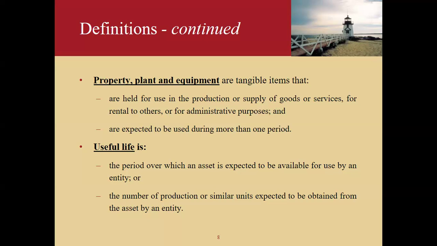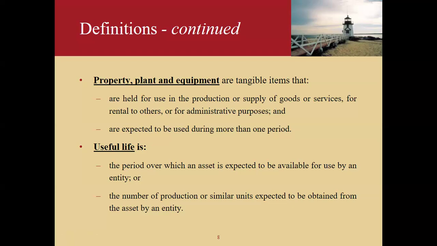The other term we are going to look at is useful life. Useful life is the period over which an asset is expected to be available for use by an entity, or the number of production or similar units expected to be obtained from the asset by an entity. So basically, it is an estimate of how long this asset is going to be available for use.